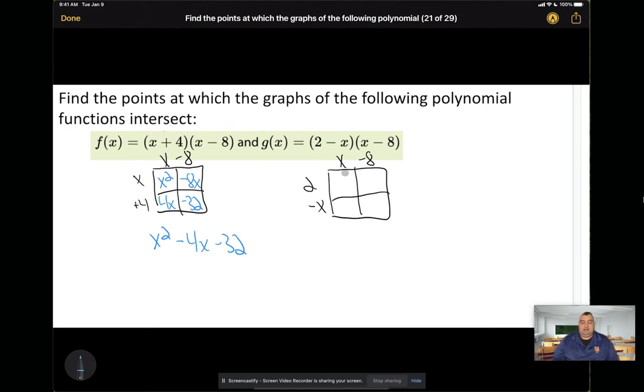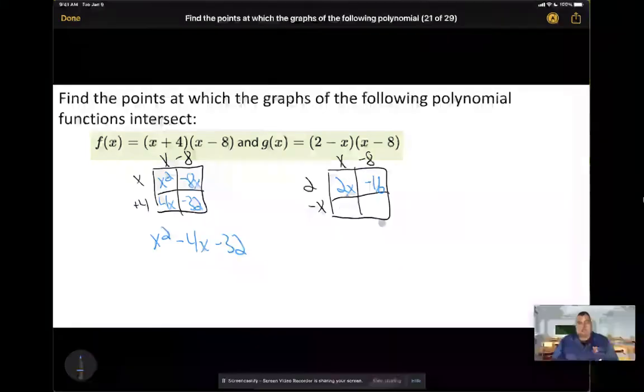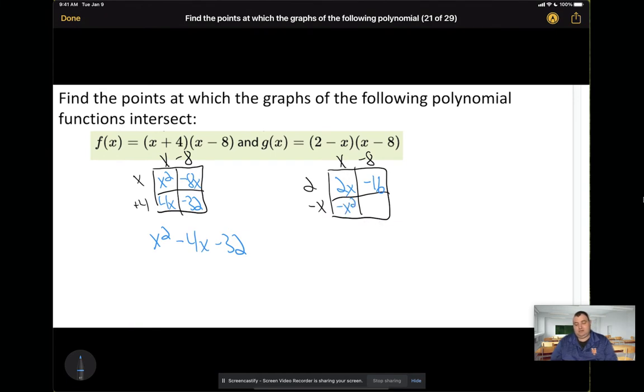On this side, I have 2 times x, that's 2x. 2 times negative 8 is negative 16. Negative x times x is going to be a negative x squared.